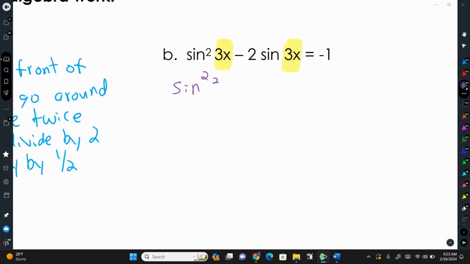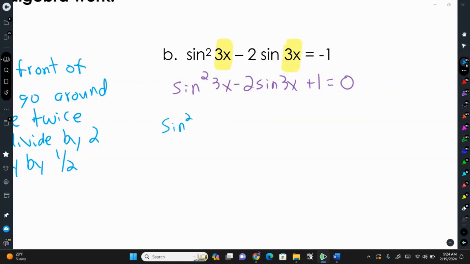So I'm going to rewrite this by adding 1 to both sides. And like we've talked about before, we're going to factor that like it's a quadratic. Two numbers that multiply to positive 1 but add to negative 2, well, that's going to be negative 1 and negative 1.